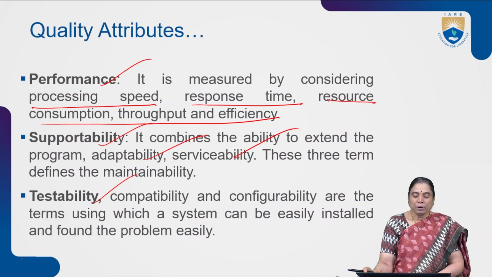So the configurability and compatibility are the terms that can be generally focused for the testability. So here the compatibility of the developed project with a variety of hardware structures or processing capabilities and various web browsers and operating systems can be tested, and the supportability can be estimated in this quality attribute.